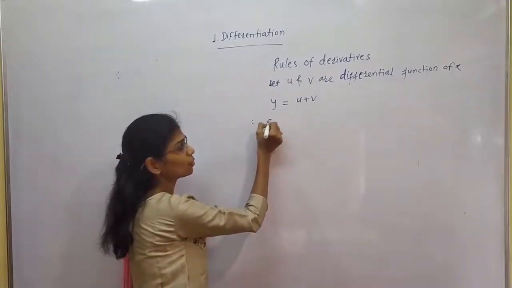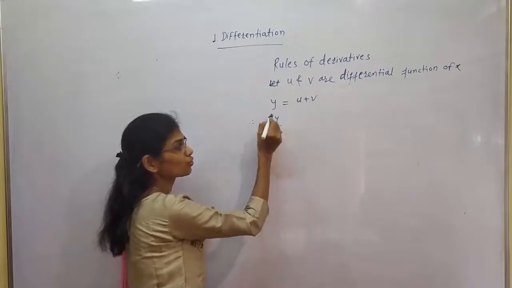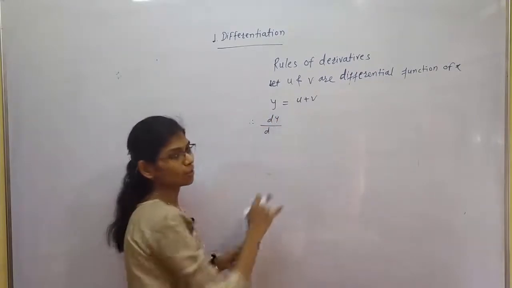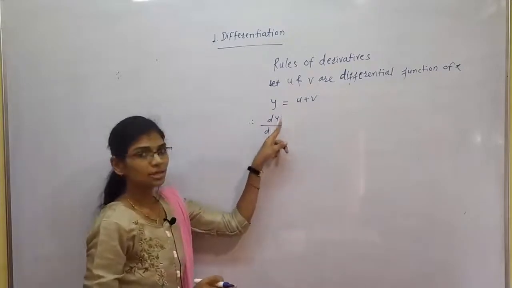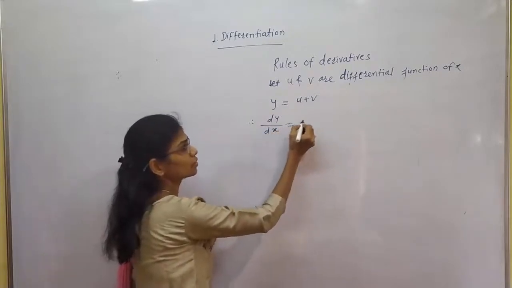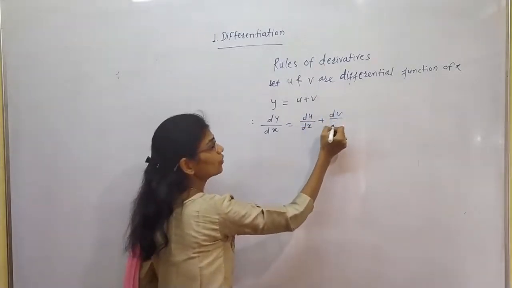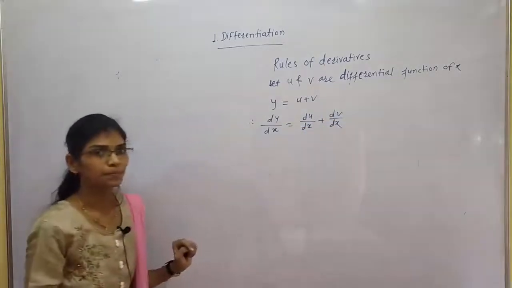At that time the formula for the rule of addition of these two differentiable functions is dy by dx is equal to the derivative of u with respect to x plus the derivative of v with respect to x.